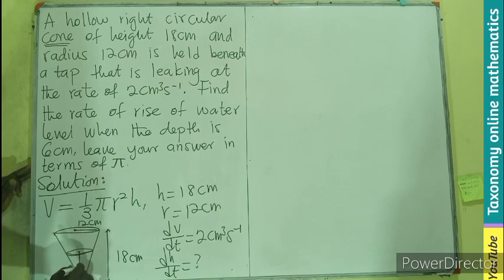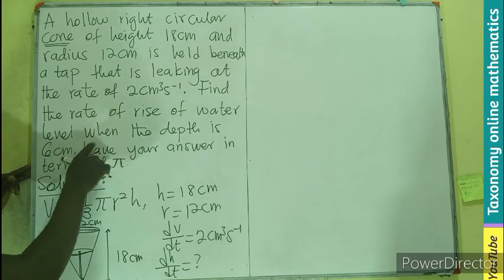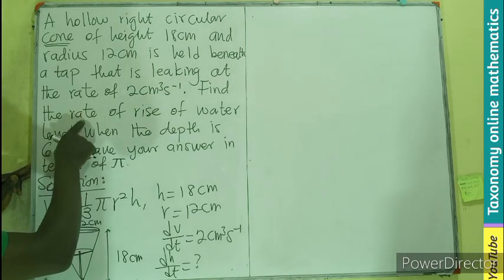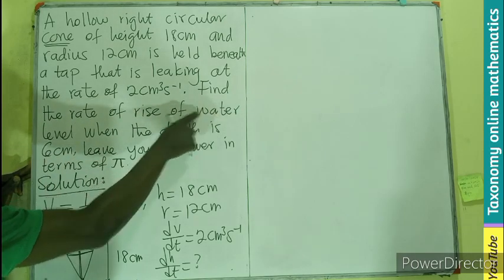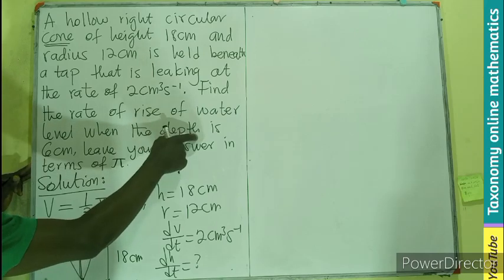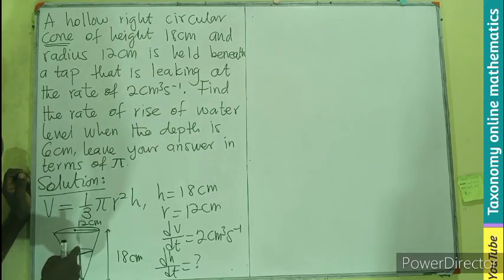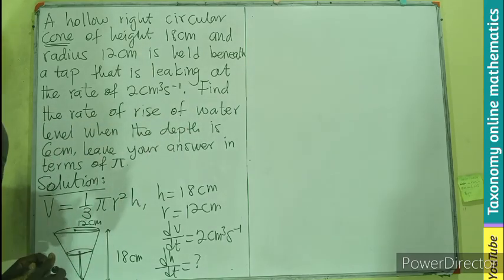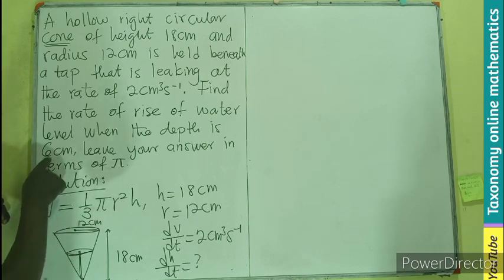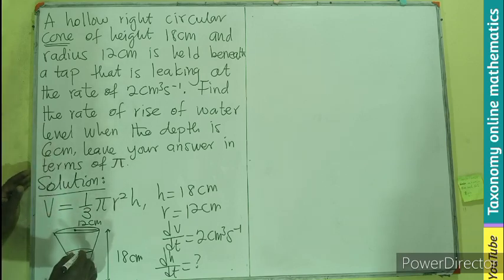Then the height of water level, we said that we have to find the rate of rise of water level when the depth is 6 centimeter. So the depth of water in the cone is also provided as 6 centimeter. So we can also find the radius here.